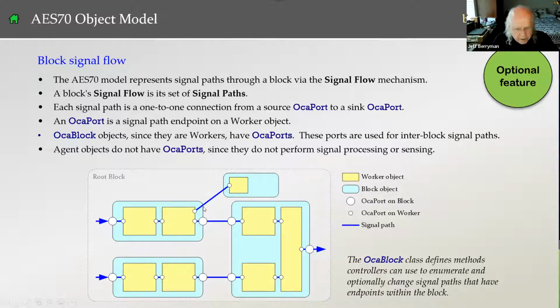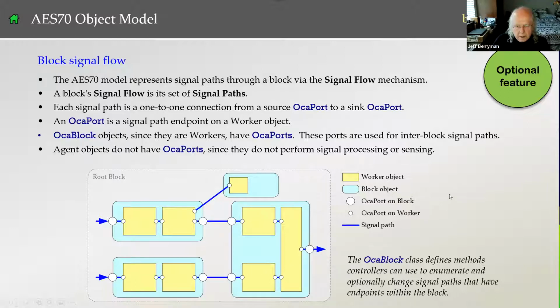You can have these kinds of direct links to other things in other blocks. That's not a very good idea, but you can do it. Blocks can talk to blocks, and in general you can build up a whole representation. If you want the controller to be able to see or change the internal signal path of the block, you would include specifications in your block specification that define these blue lines.